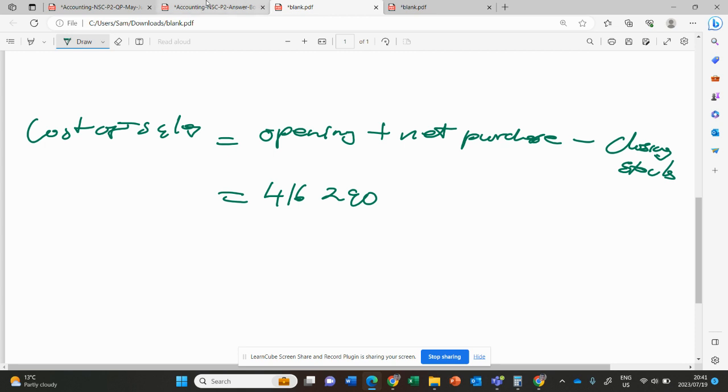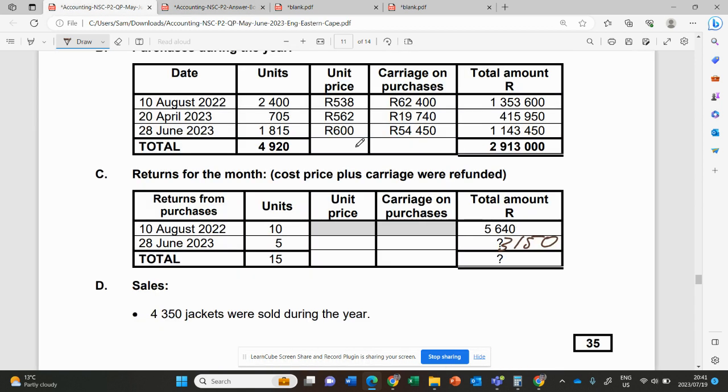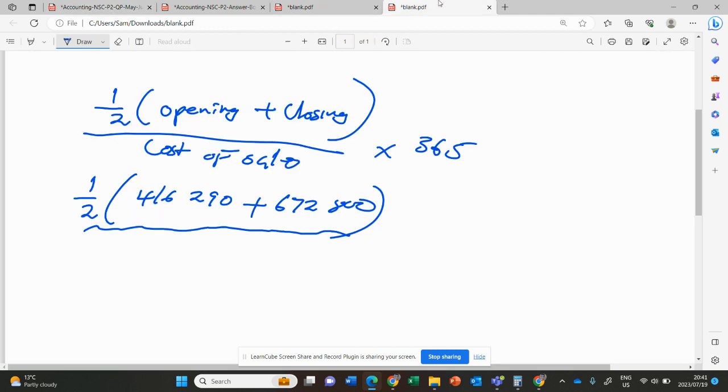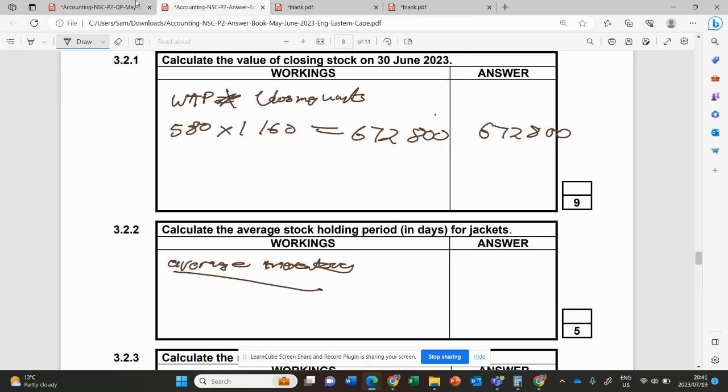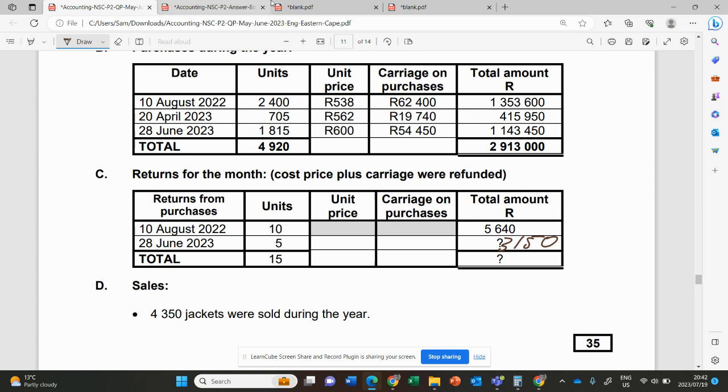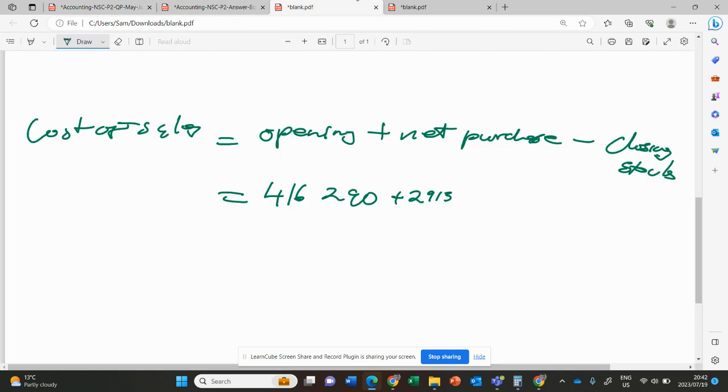So the purchases here is 2,913,000. Then minus returns.